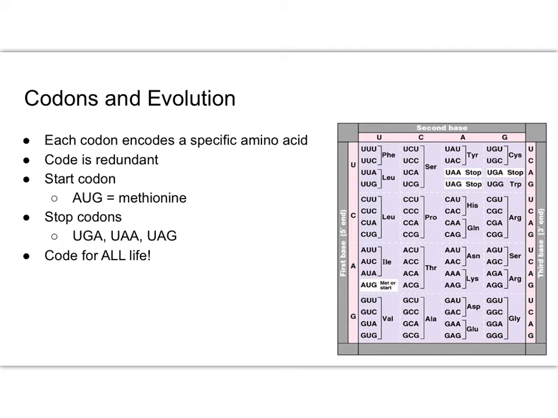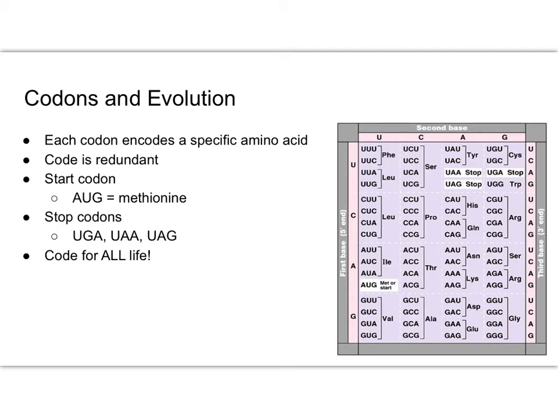If you look at the chart, UUU and UUC both code for phenylalanine. I have 4 right here that are going to code for serine. So the code is considered redundant since I have multiple codons that can code for each amino acid.